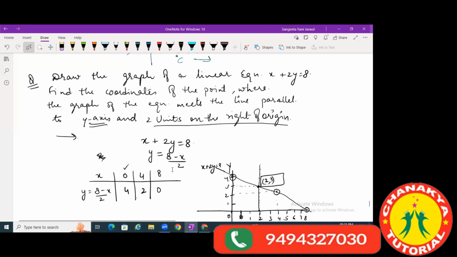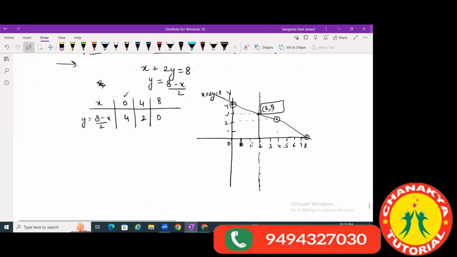So I hope you have understood this. How does it intersect with the third line which is given? Rayan, have you understood? Yukta? Ma'am, can we take any point?